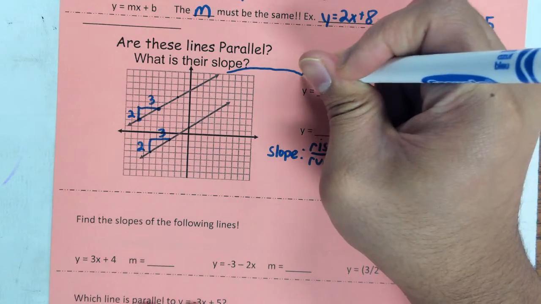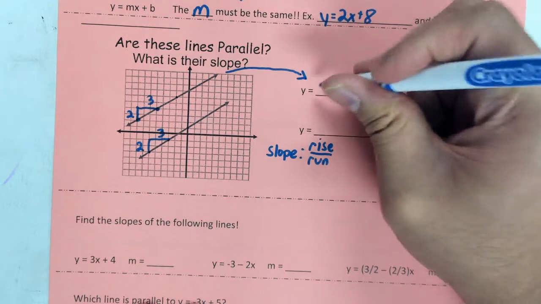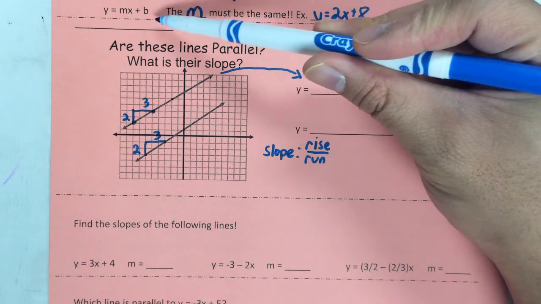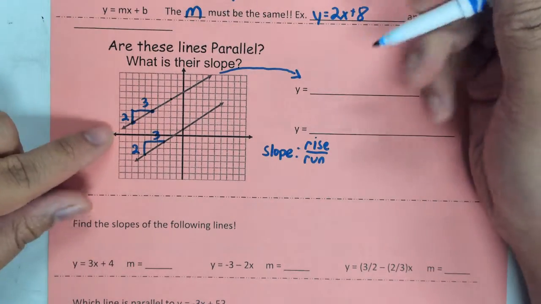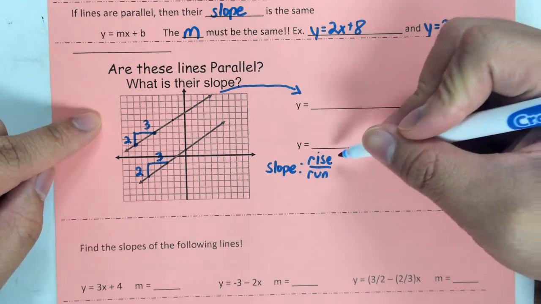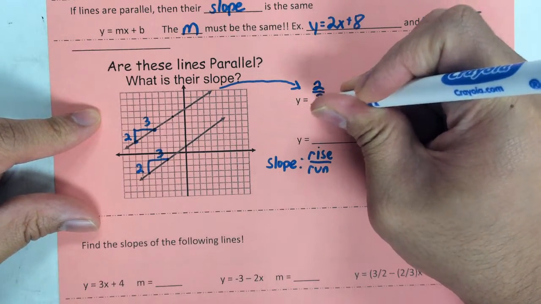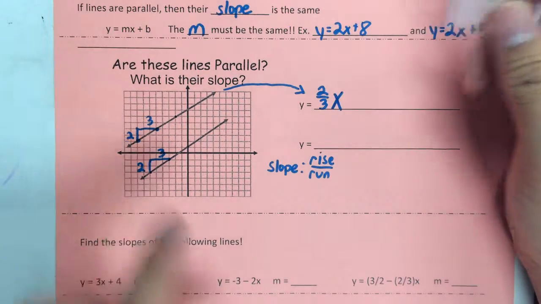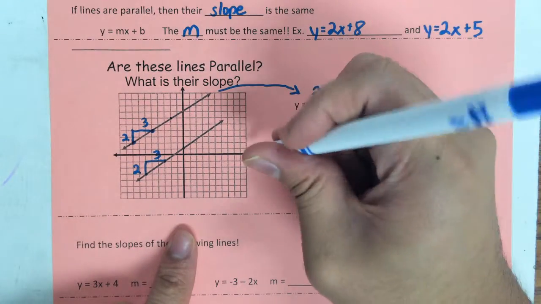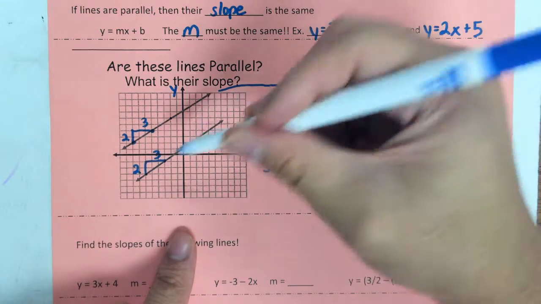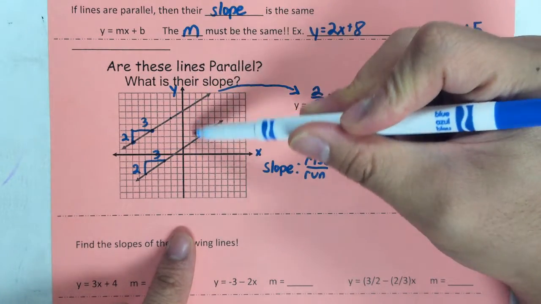So let me go ahead and write the equations down. Again, my equation of my line over here, y equals mx plus b. My slope is 2 over 3, rise over run, so 2 goes on top, over 3x plus b. The y-intercept is where my line crosses the y-axis.